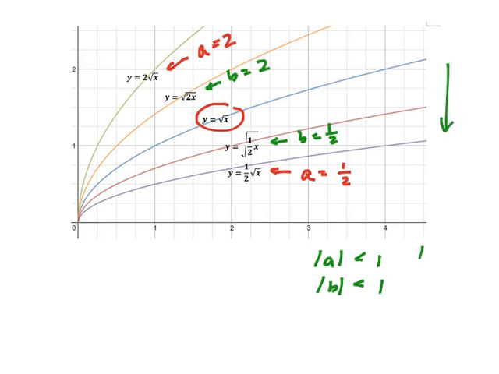If the absolute value of a and b is greater than 1, for example 2 and 2 here, it's going to be above the parent function. That's something that you can understand, because when you decrease something by 1/2, it's going to be smaller, and if you increase something, it's going to be greater.